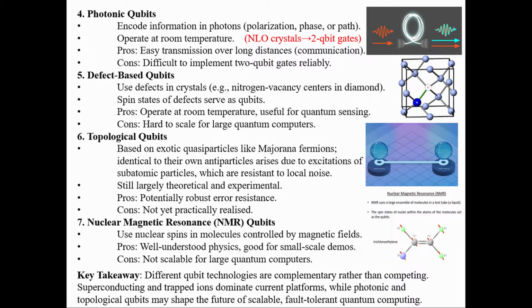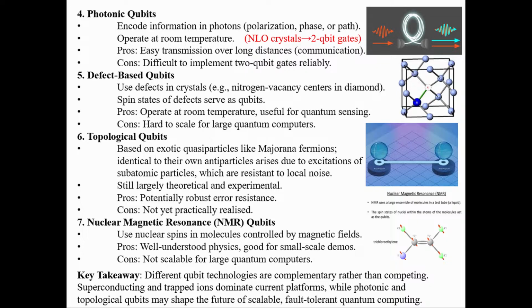In that, through a down conversion mechanism, with a higher frequency input, you can get exactly two photons at half of its frequency. Those two can serve as a pair of a qubit, that is 0 ket and 1 ket. So like that you can use this technology also.